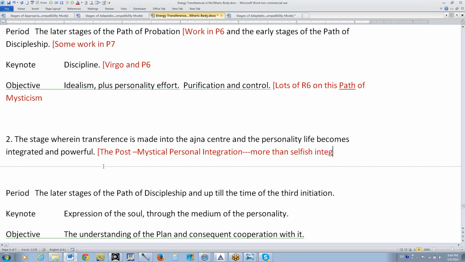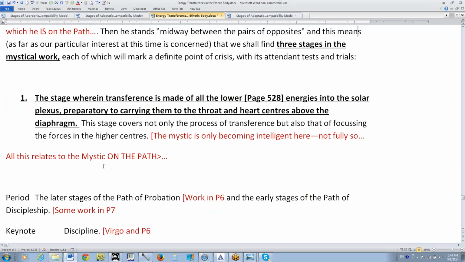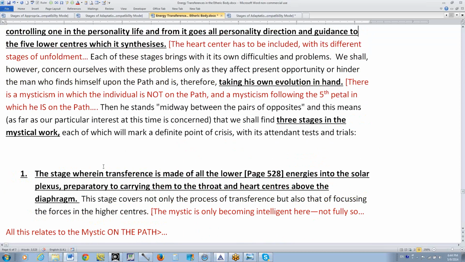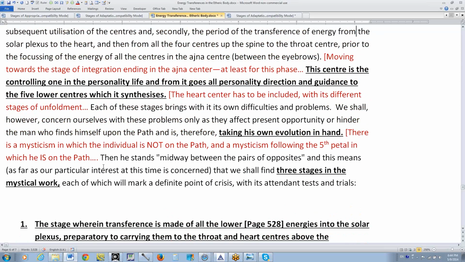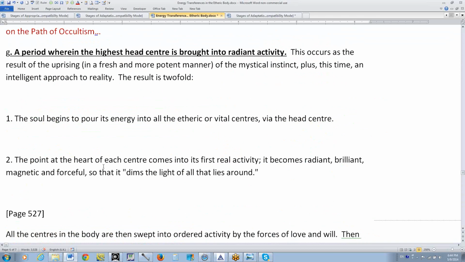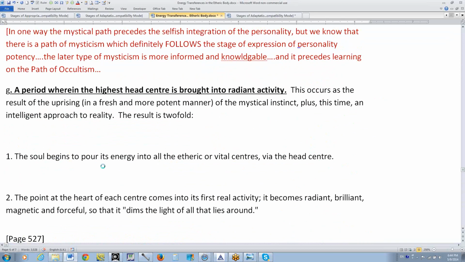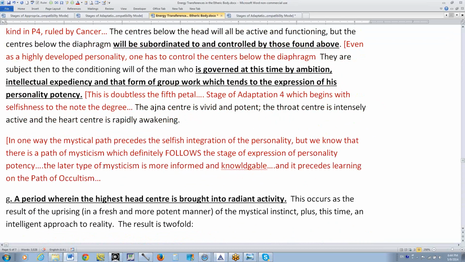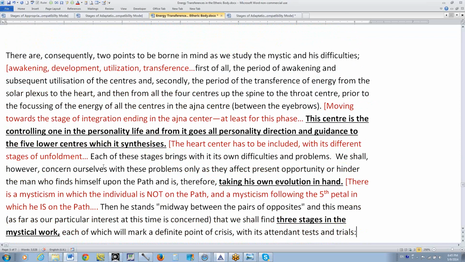And really more than even what was expressed up here, that the man, what does it say here? That he tends to the expression of personality potency. He's governed by ambition, intellectual expediency. No, if this is the way he is entirely, then he is not at this higher stage.